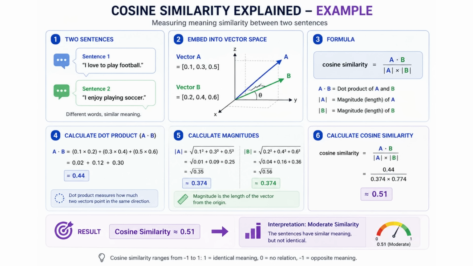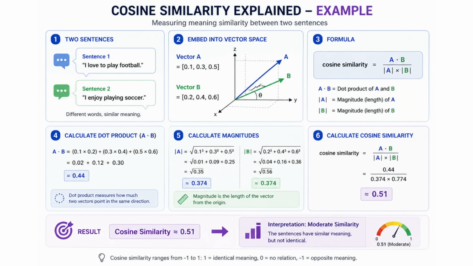The dot product of A and B is 0.1 times 0.2 plus 0.3 times 0.4 plus 0.5 times 0.6, which equals 0.44. The magnitude of vector A is the square root of the sum of its squared components, which is approximately 0.374.